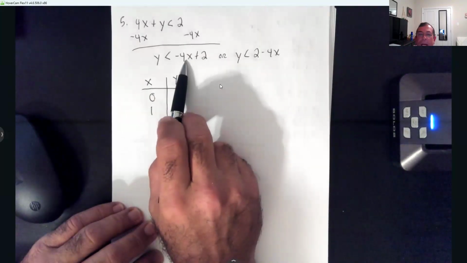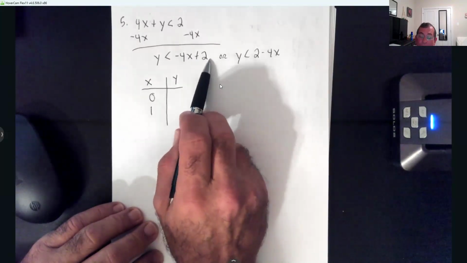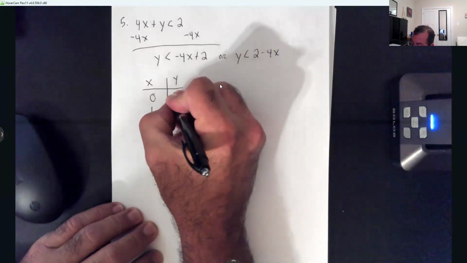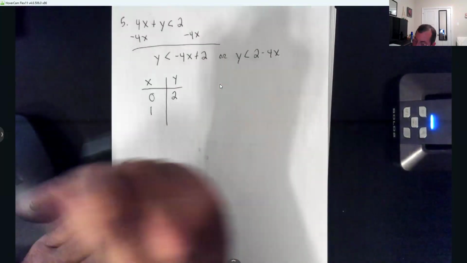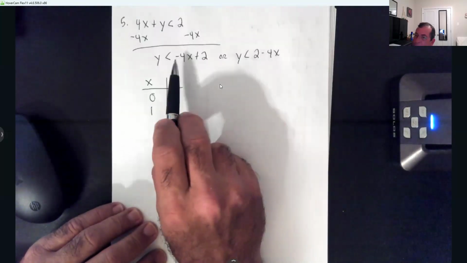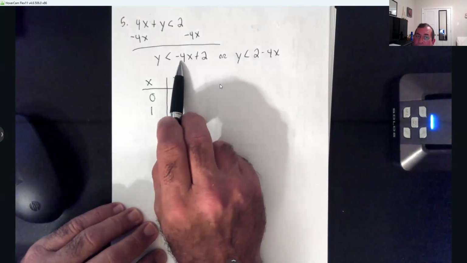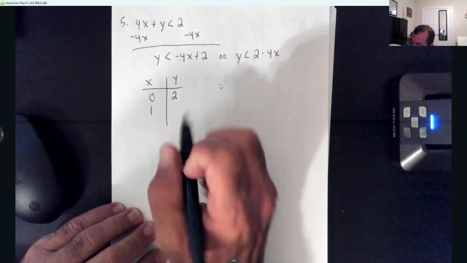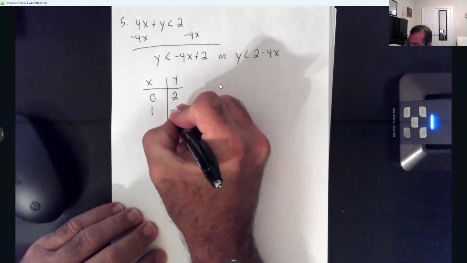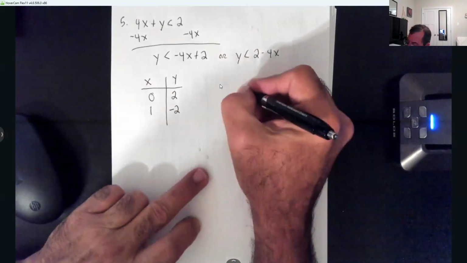So 0 times negative 4 is 0, and 0 plus 2 is 2. Now let me put a 1 in here. 1 times negative 4 is negative 4. Negative 4 plus 2 is negative 2. So we got 2 points we can now graph.